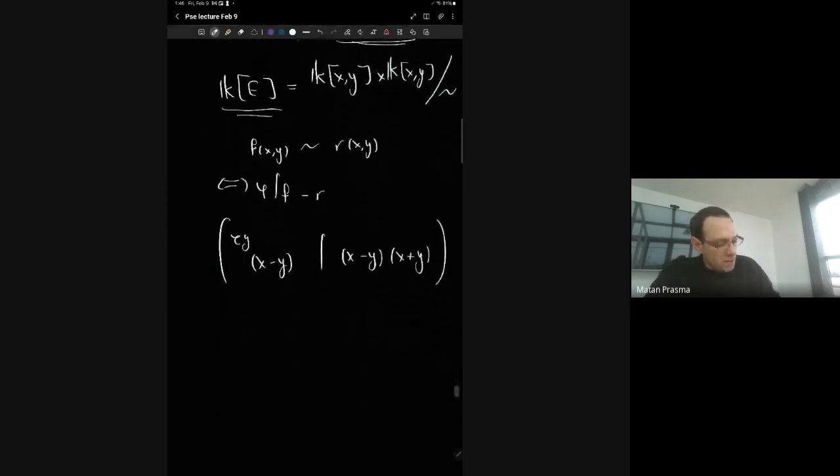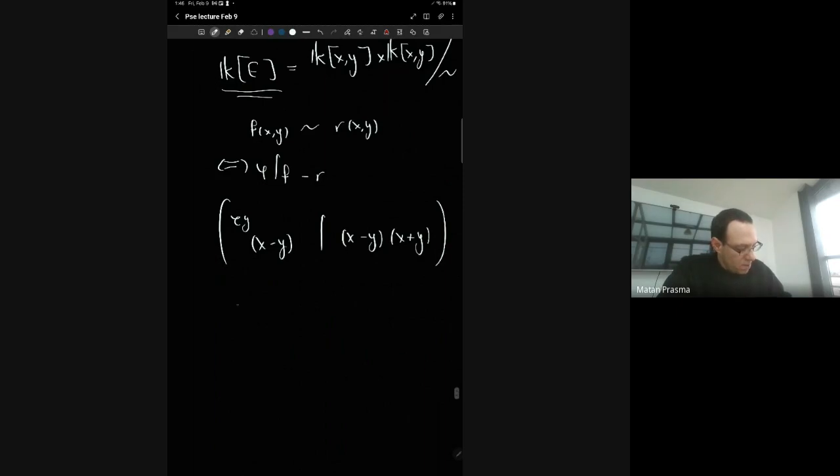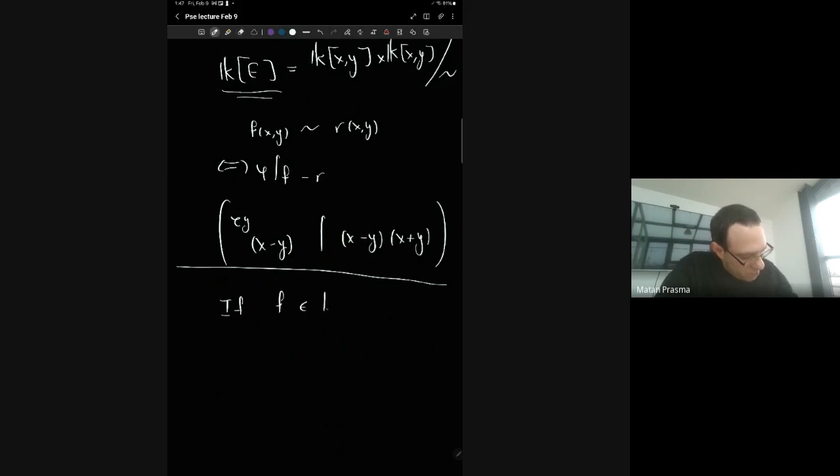Now, of course, we can view, let's say if k is equal to R, if f is a polynomial over k, then it defines a function from k squared into k.